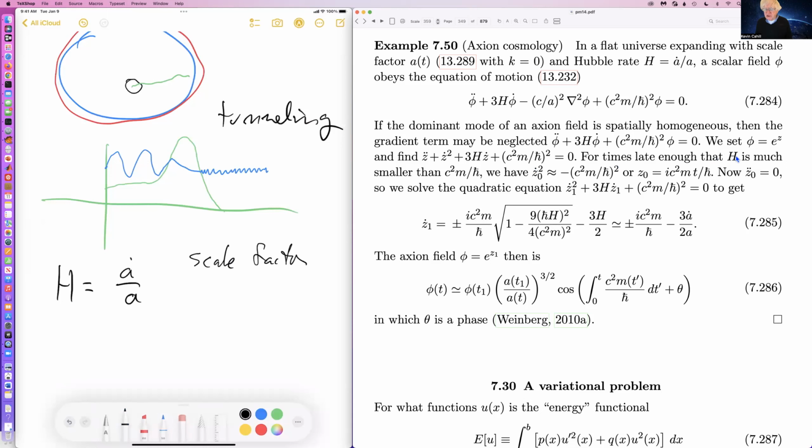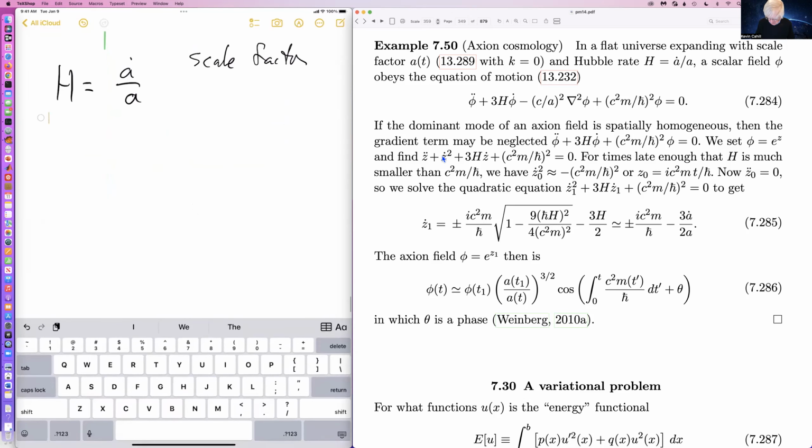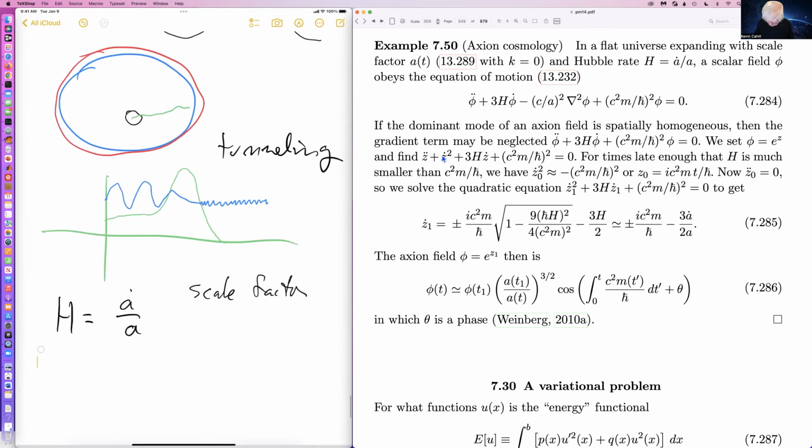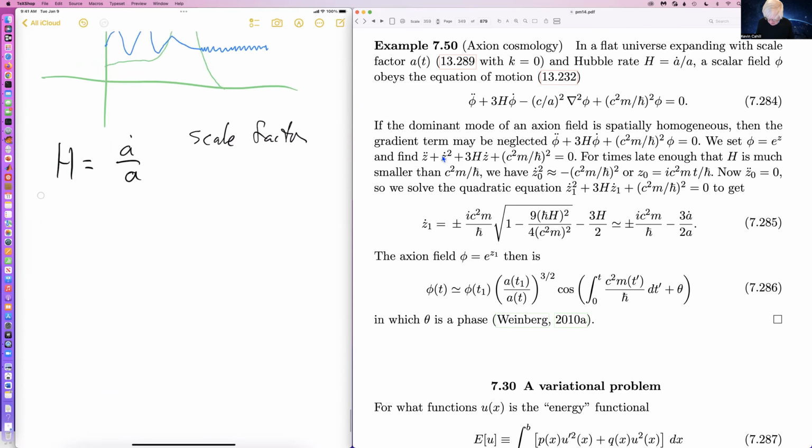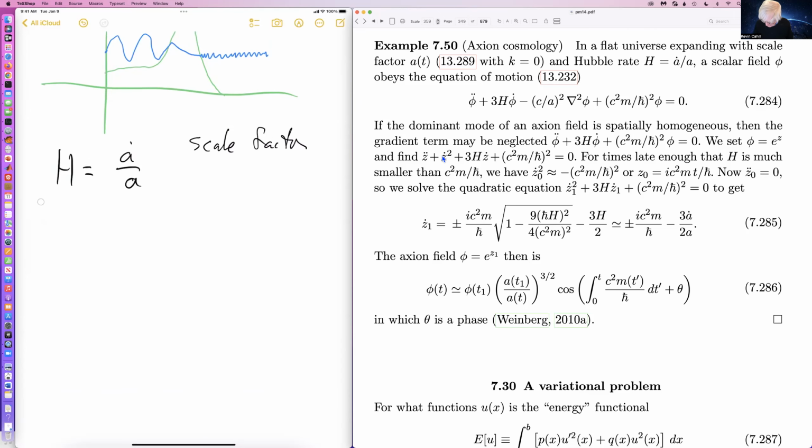We're going to assume that the scale factor is not changing so much, so we're going to drop H. And if we drop H, then we've got the equation.